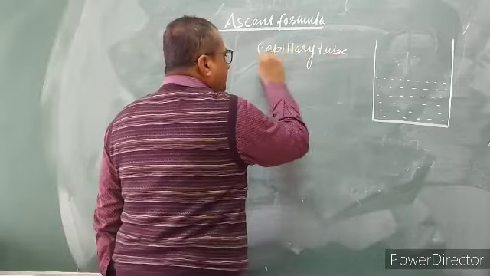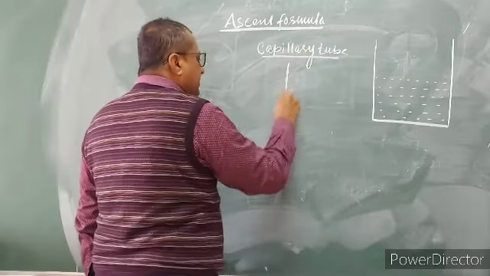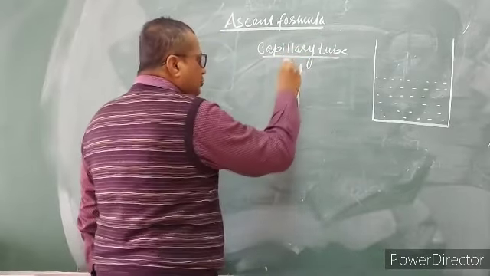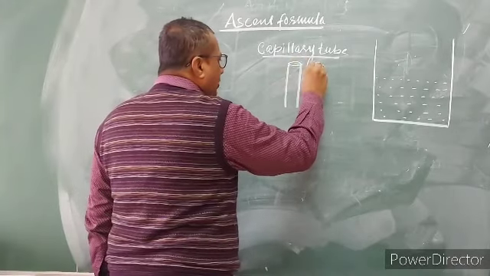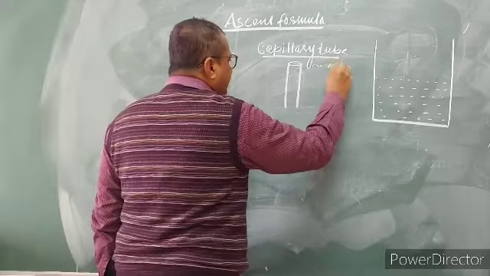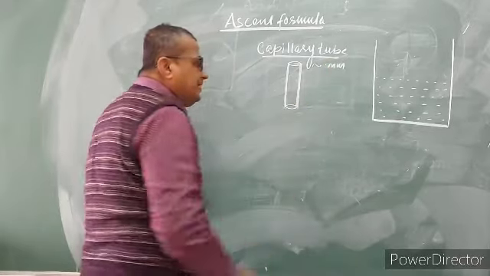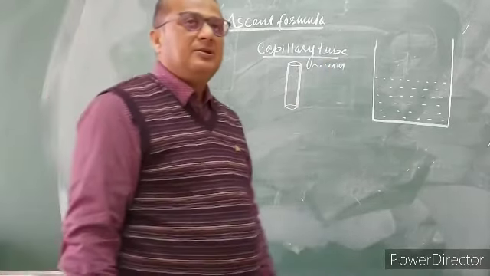What is a capillary tube? A capillary tube is a tube whose radius is very fine, on the order of some millimeters, a very small radius.